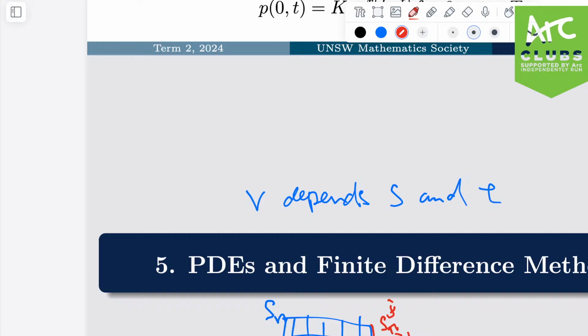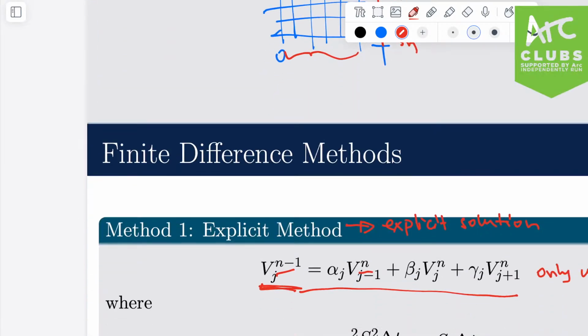What we do not know is what lies in between. We know V_j^n because it is at time n. Anything at time n is already known, but anything before time n is unknown.